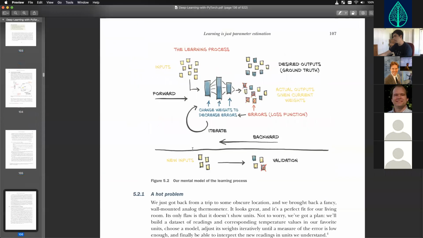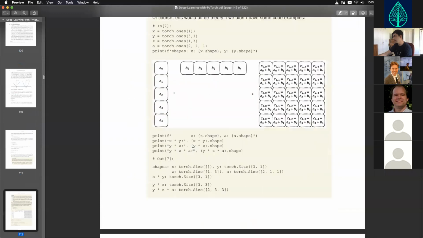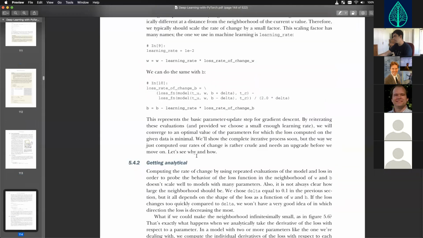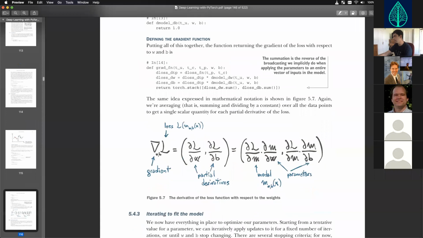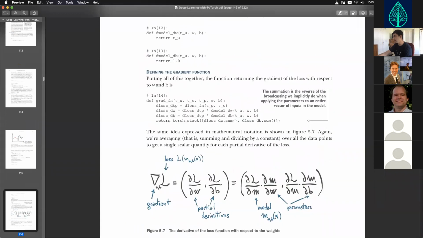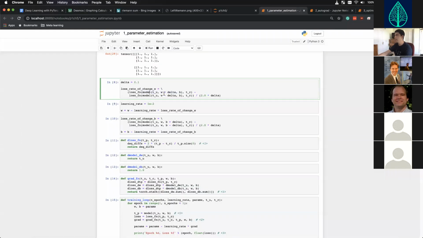They wrote out the derivatives and everything. Let me just look at the code actually. They're looking at the change in the loss with respect to the weights.